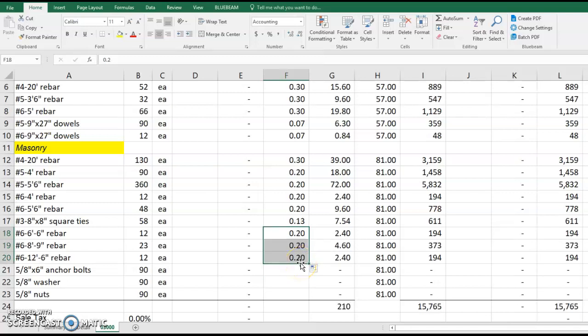Now we're looking for anchor bolts and washers. So do I have anchor bolts in here? Anchor bolts, yes. 10 cents each. So 0.1. And then washers and nuts, they probably don't have.